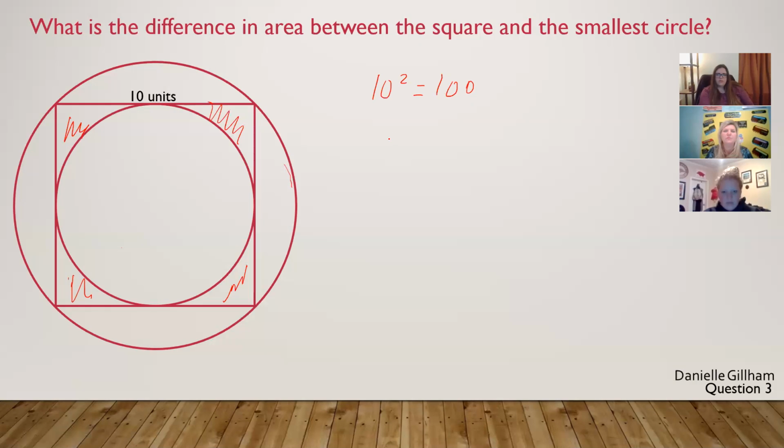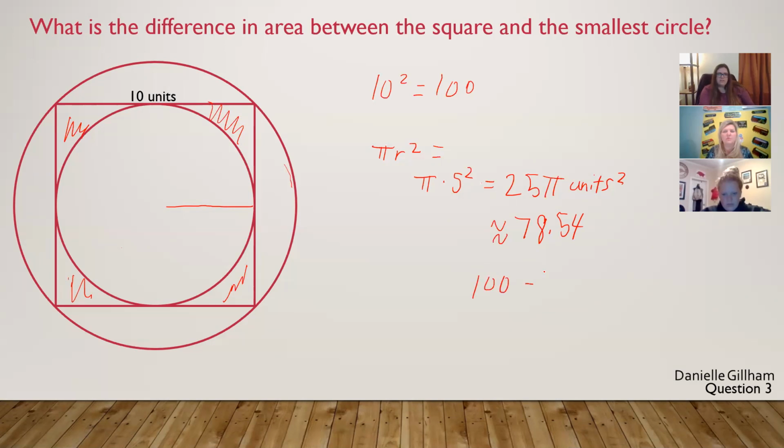And then the smaller circle, like you said, is pi times radius squared, which in our case, the radius is half of the square, which is 5. And that's going to equal 25 pi units squared, which is also equivalent to 78.54.